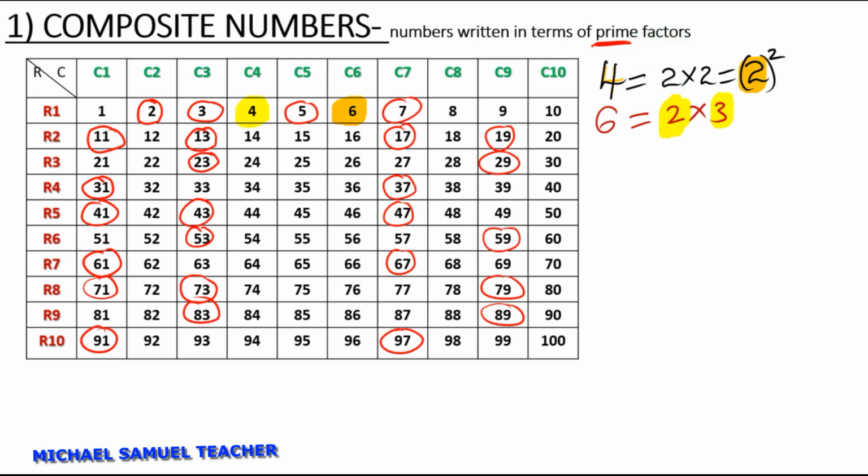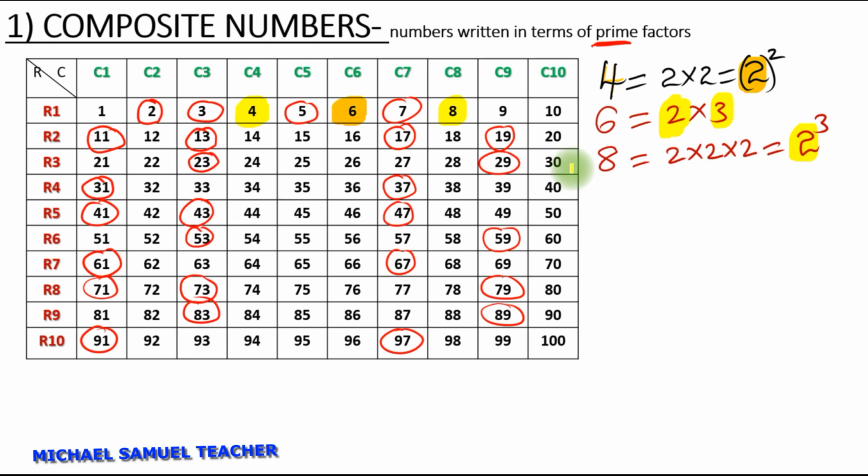We are going to have another example still under this. We can have 8. It is a composite number, simply because 8 can be written as 2 times 2 times 2, which is equal to 2 cubed. But 2 is what? It is a prime number.